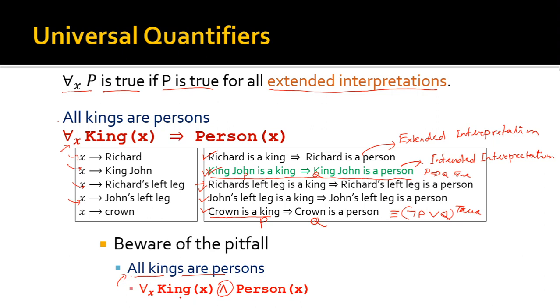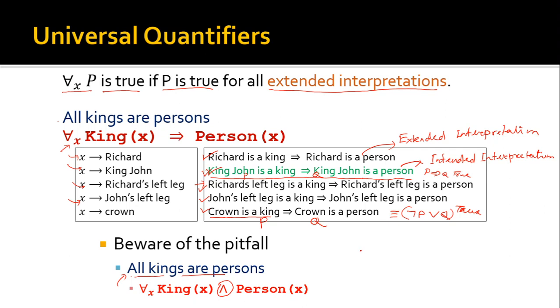In order to make it true, every element like Richard, King John, Richard's left leg, John's left leg, crown, they have to be king and they have to be person, all of them. Then only this statement will be true, which is not really what we are trying to model.